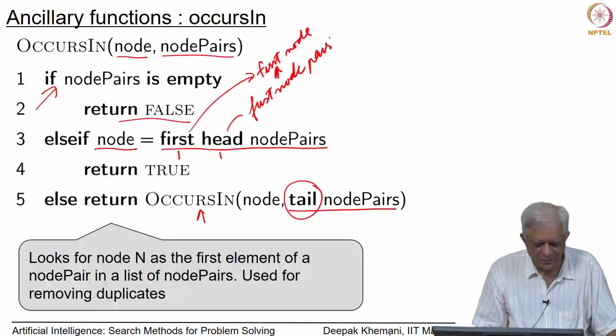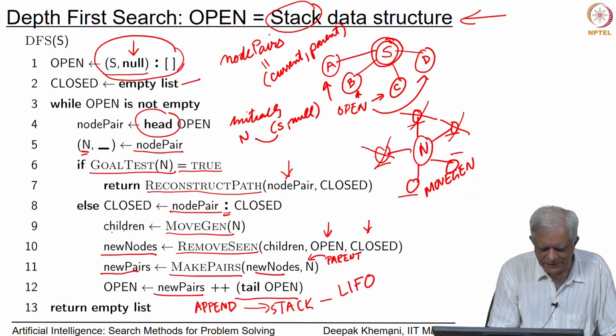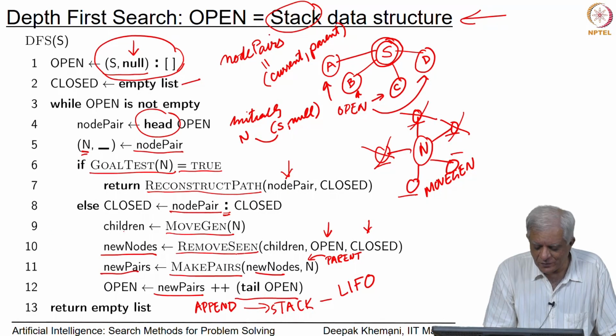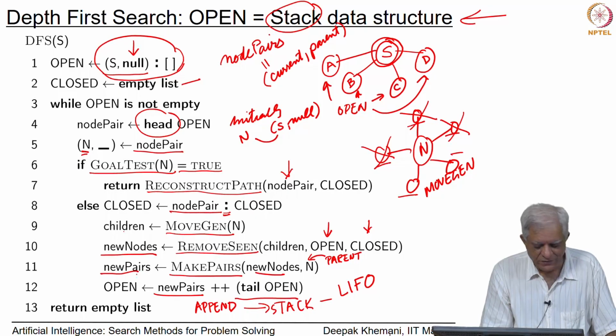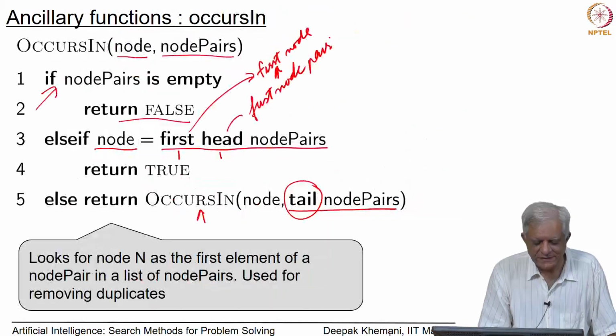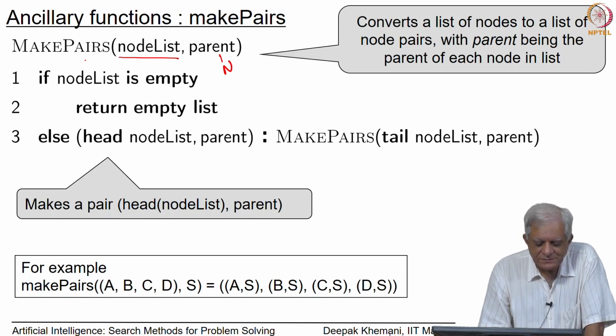So, if you go back to the algorithm and see, first we extracted children here in line number 9, then in line number 10 we removed everything that is there, and now we are focusing on line number 11, which says that you need to make these new pairs essentially, and that is a function we are looking at, and that function we will call make pairs.